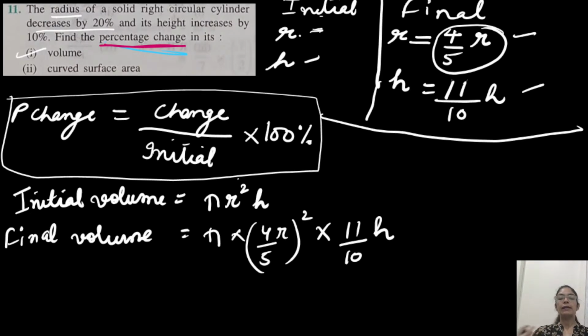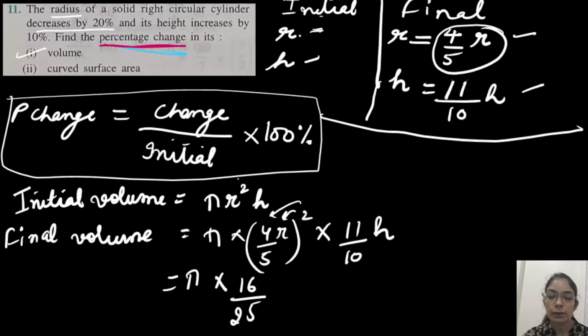So when we are finding the final volume, we are just substituting the final values of r and h in the volume formula. Let's further simplify. This will become pi times 16 by 25 r square, because the square goes with all the numbers inside the bracket, into 11 by 10 h.